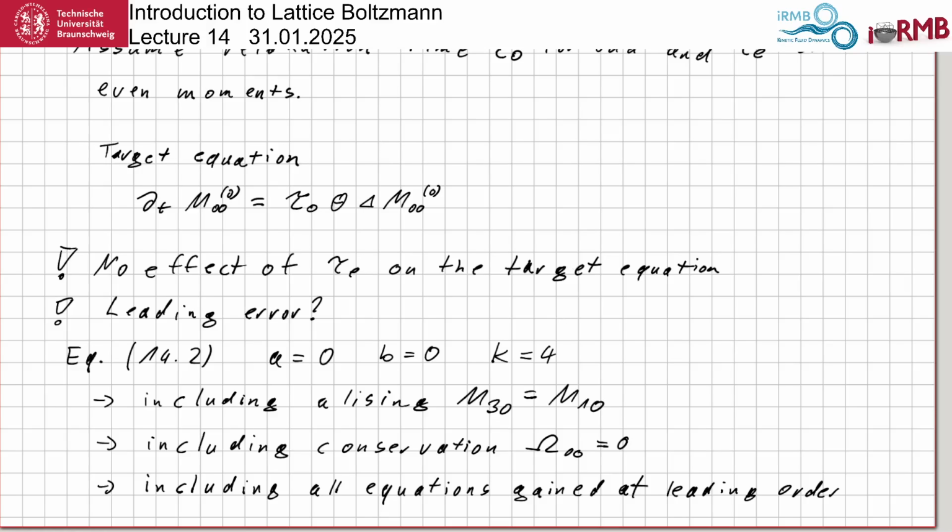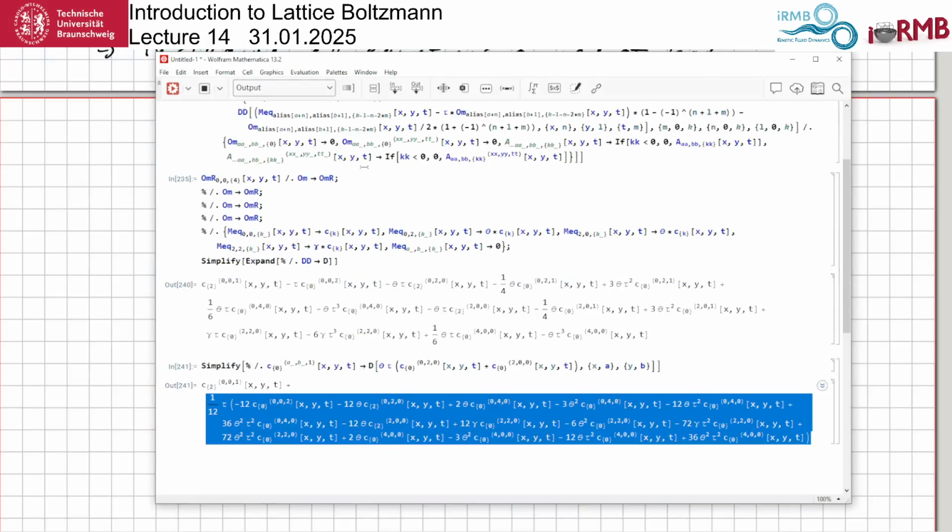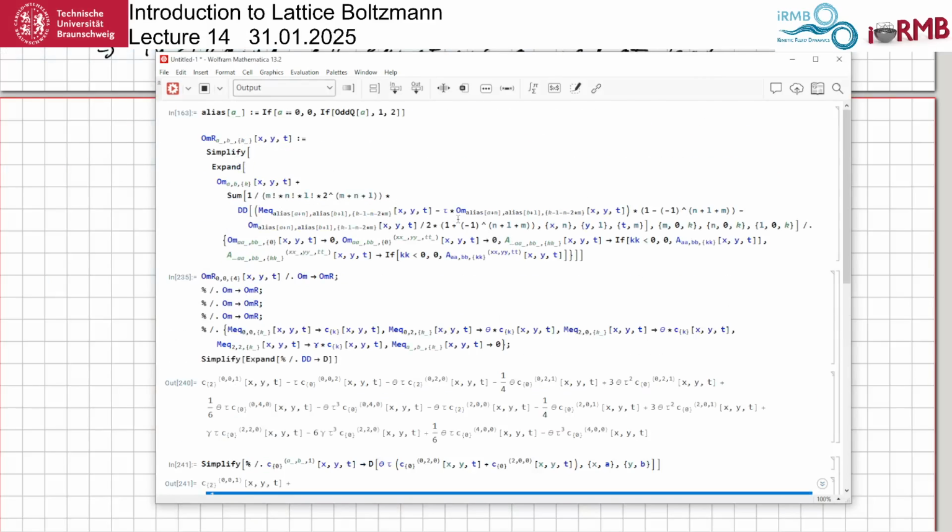So, and now, if you go and use computer algebra, you can put these things somehow here. So I started this this morning and I was not able to finish this, so I'm relying on my notes from the previous year. Yeah, but you see, this is kind of how it looks like.